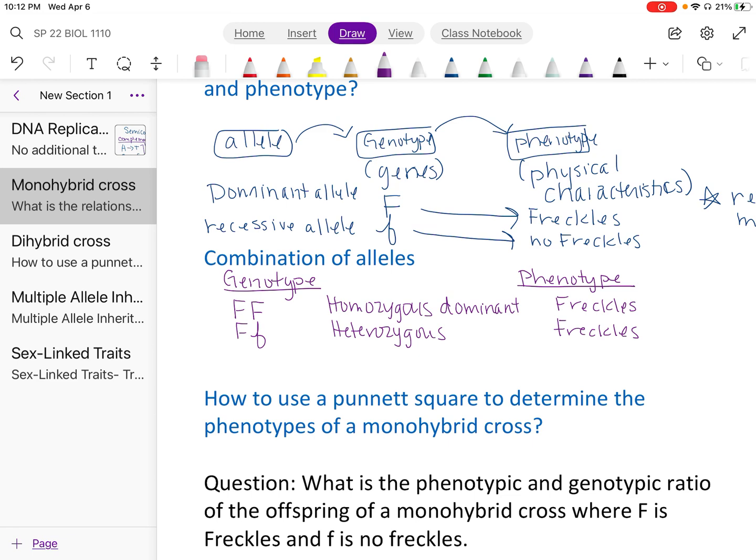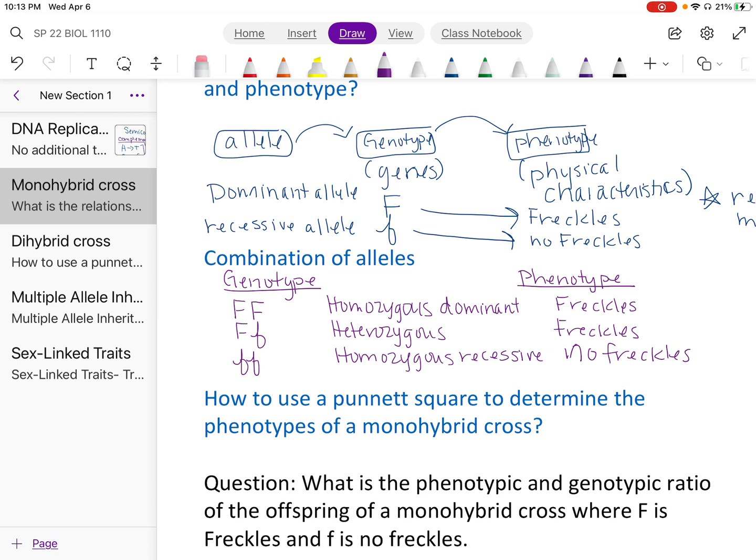And then the last combination of alleles is going to be two lowercase f's, and this would mean it would be homozygous recessive. Homozygous recessive means that this individual would have no freckles. Okay, so that's how you would read the combination of alleles.